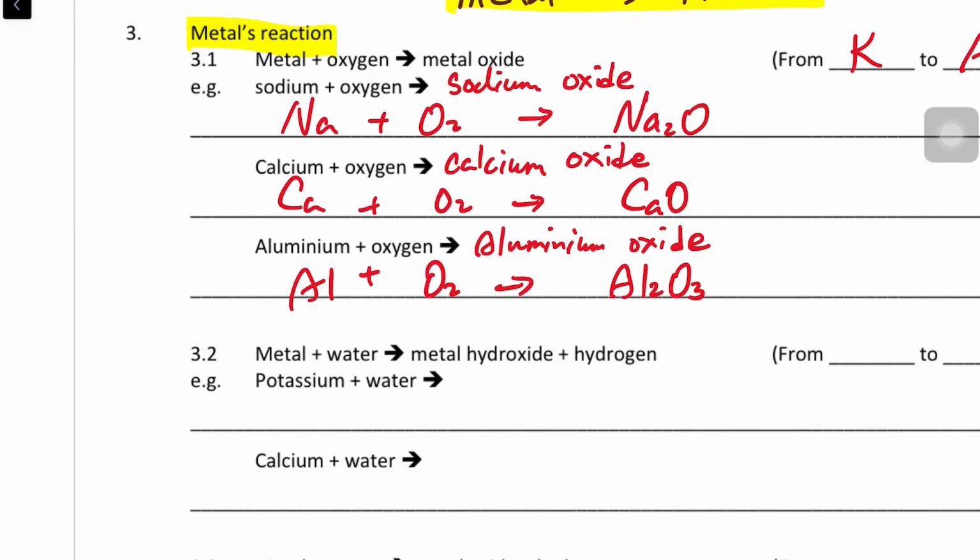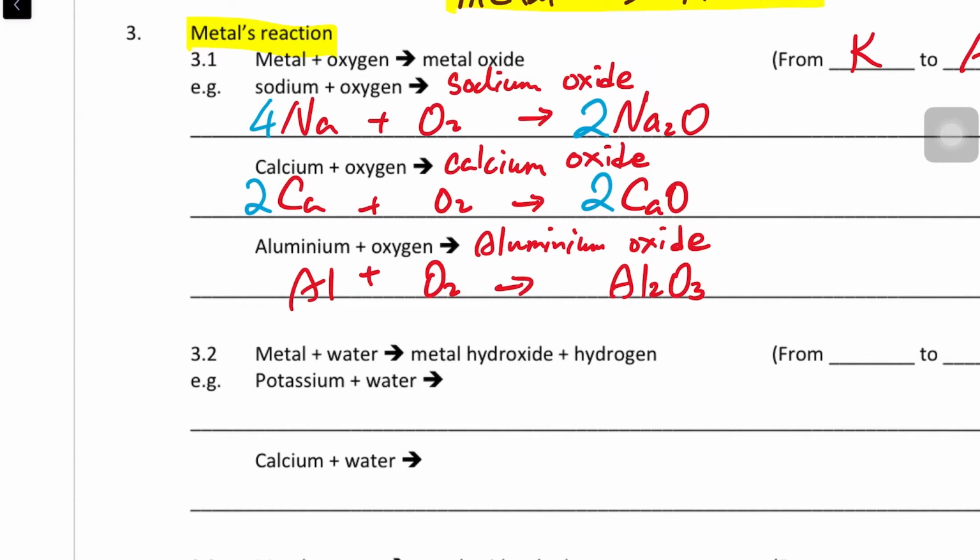Let's start with the first one. On the left hand side, we got 2 oxygen, so we should have 2 sodium oxide, right? And the result is we need 4 sodium, like this. Next, we have 2 oxygen on the left hand side, so 2 calcium oxide on the right hand side, and 2 calcium here.